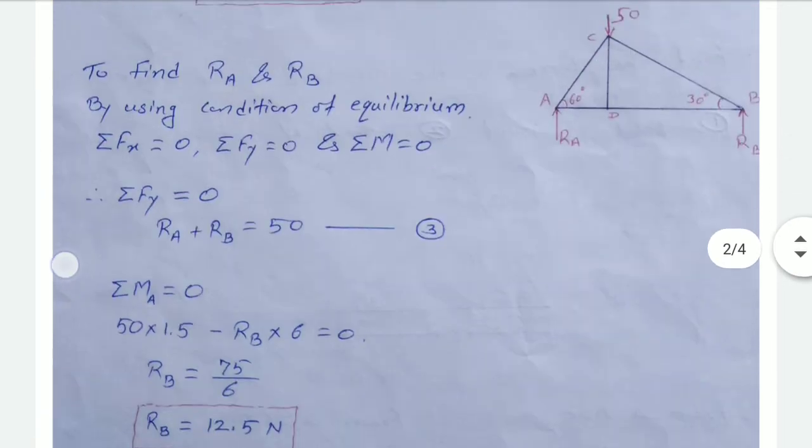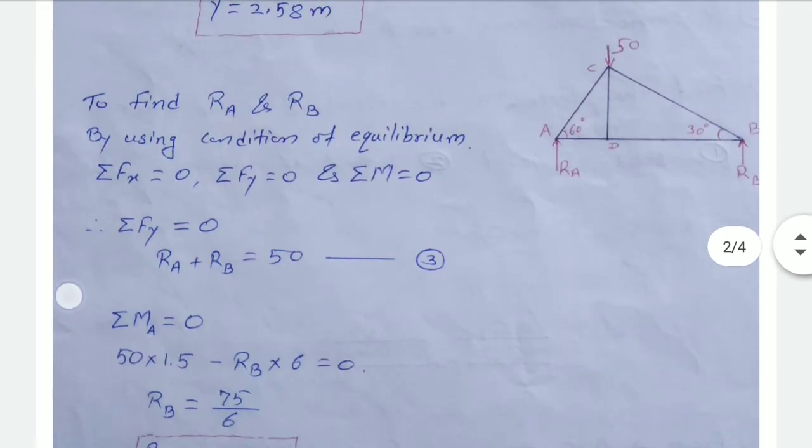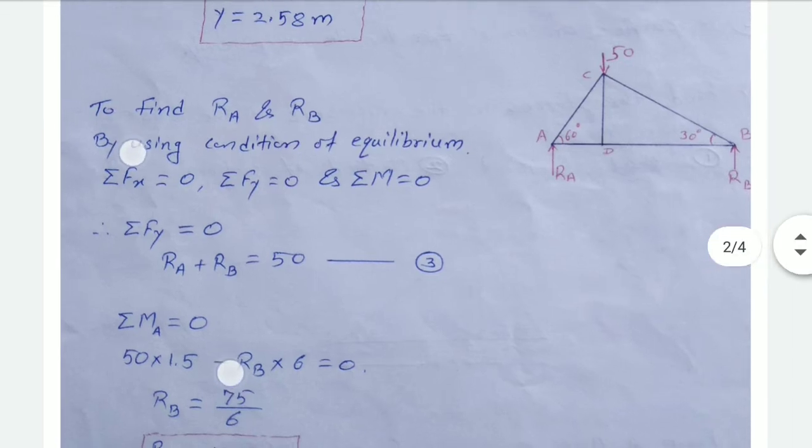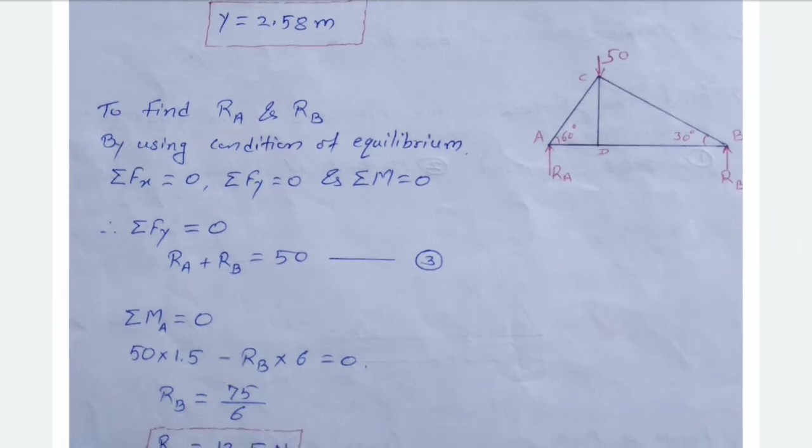Now we have to take the moments. By taking any point, we are taking here the moment at point A equal to 0. The moment has two forces, RB and the 50. Clockwise direction is considered positive for the moment, and anti-clockwise direction is negative.